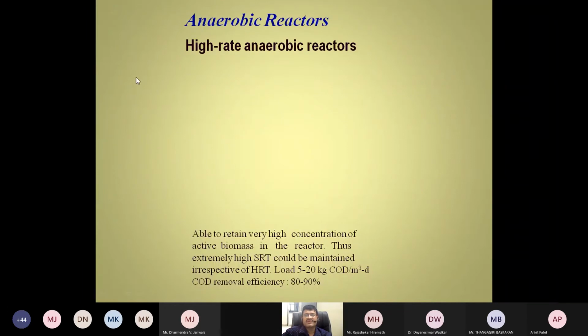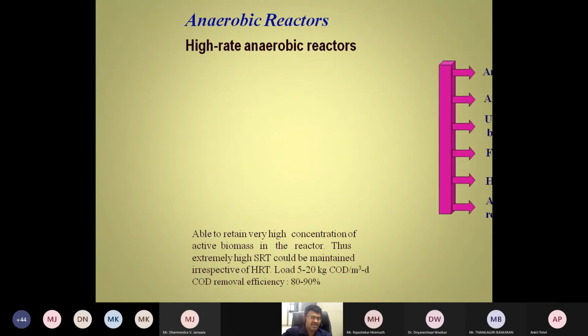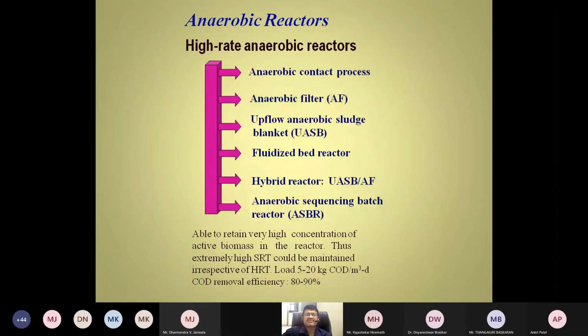Next come the anaerobic reactors. What I have told you so far is about the aerobic reactors. Now next comes the anaerobic. Earlier, the anaerobic reactors we used were normally very low rate anaerobic reactors, but through much research, many different types of anaerobic reactors have been created.